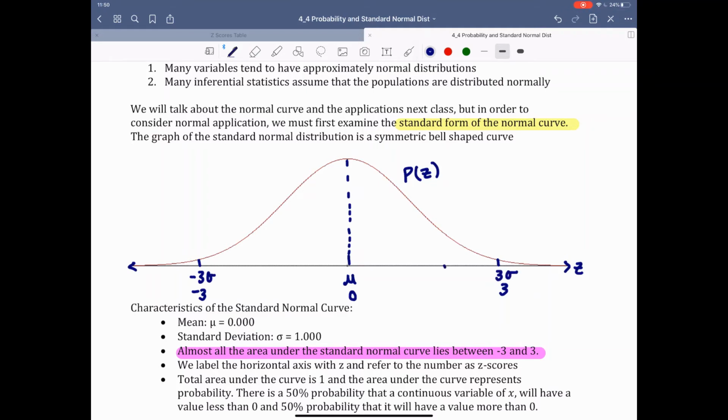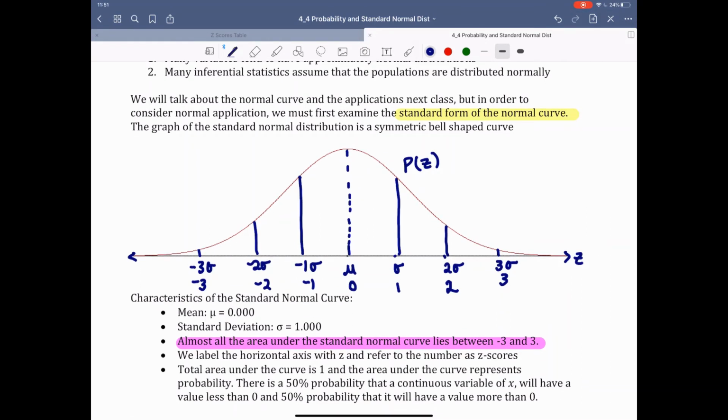So now we can divide each of these segments up to show 1 standard deviation and 2 standard deviations with values of 1 and 2, and to the left of the mean, -1 standard deviation, which is -1, and -2 standard deviations, which is -2. Okay, so we label the x-axis with our z-scores.